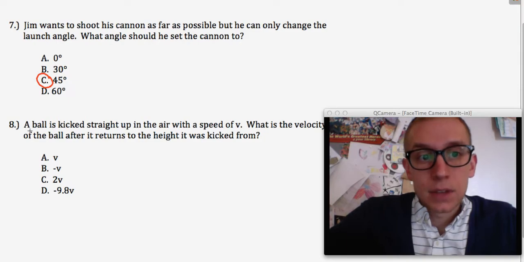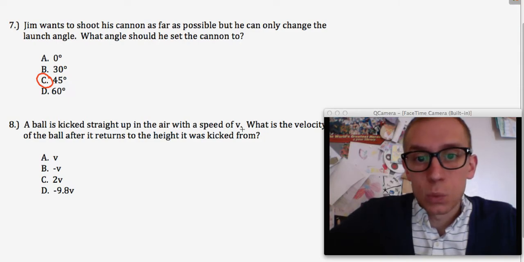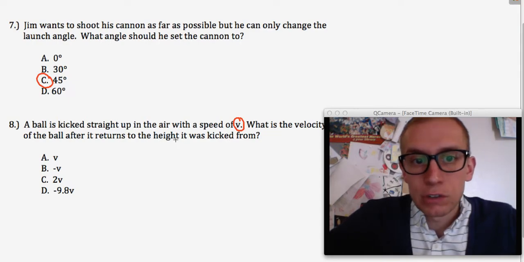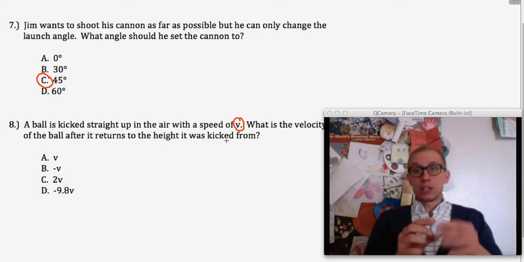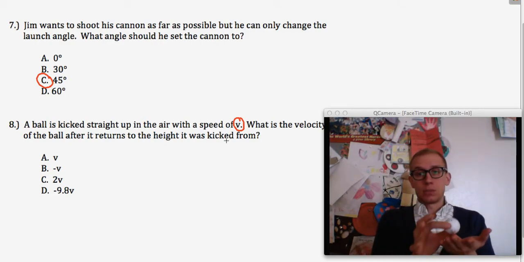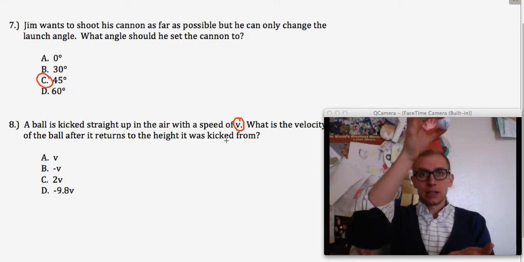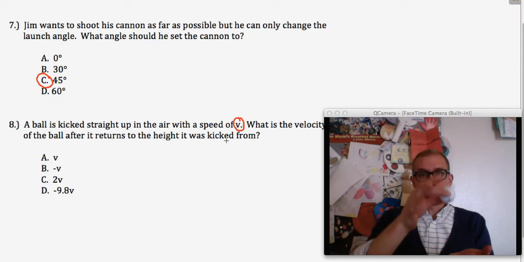Problem 8, a ball is kicked straight up in the air with the speed of v. So we don't know what amount, we just know it's a variable v. What is the velocity of the ball after it returns to the height it was kicked from? So visually imagining this, it's launched up in the air with the speed of v, it slows down until it reaches its top height. It has a speed of 0, then it speeds up as it comes back down.